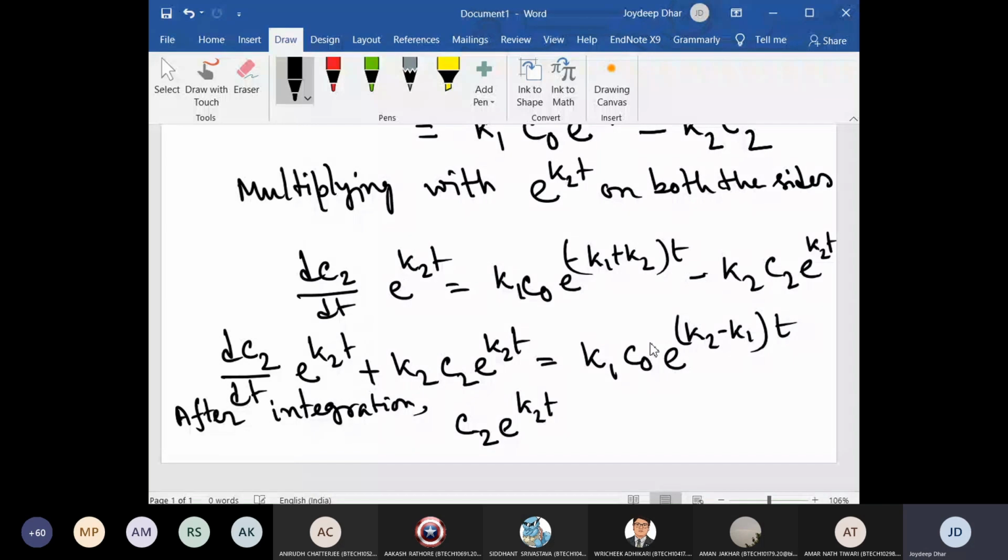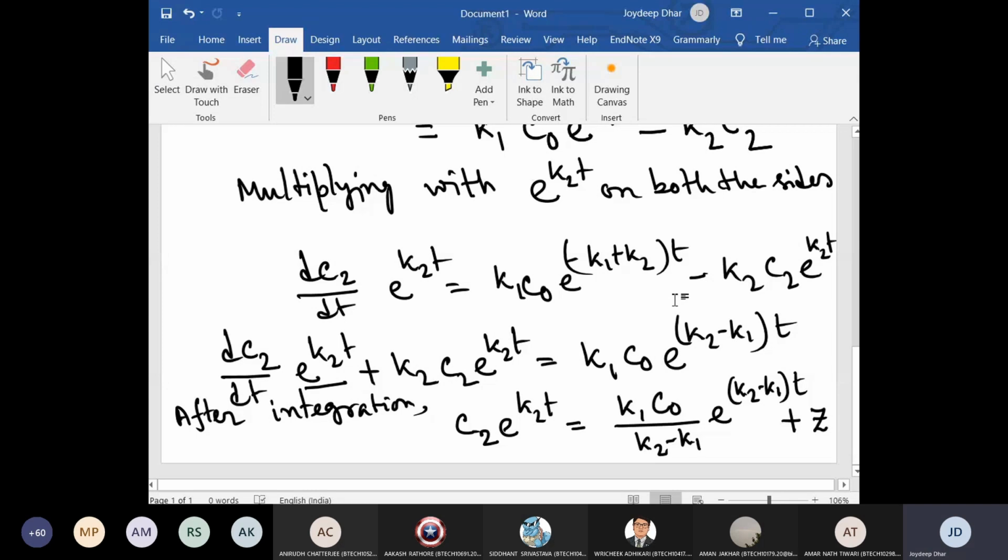So one will be kept constant, one will be the reverse, with respect to time. And in the right hand side you can write K1 C0, divided by the constant K2 minus K1, times e to the power (K2 minus K1)T, and an additional constant Z. Now I have to find out what Z is.